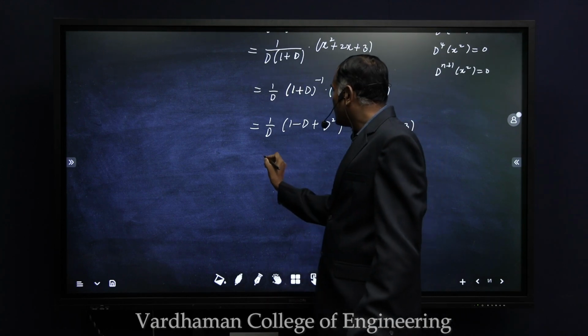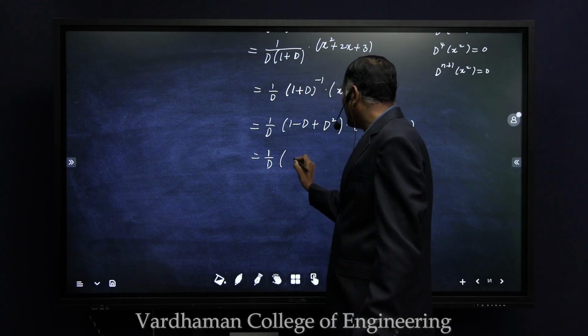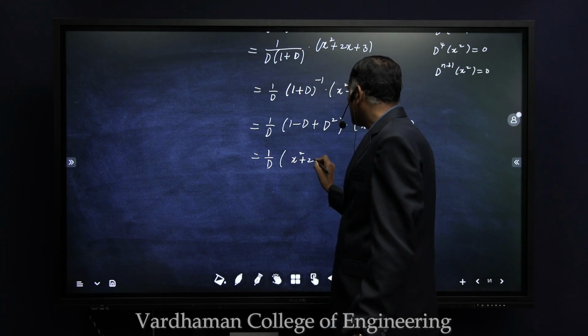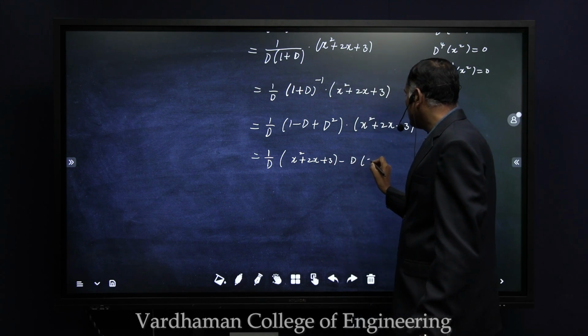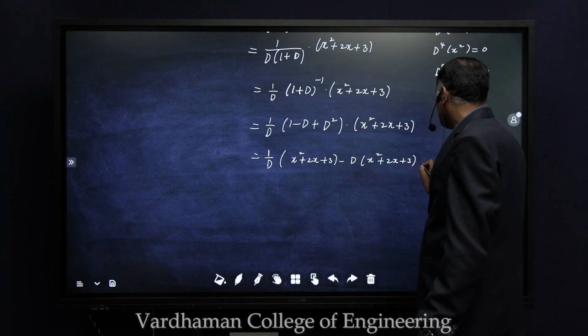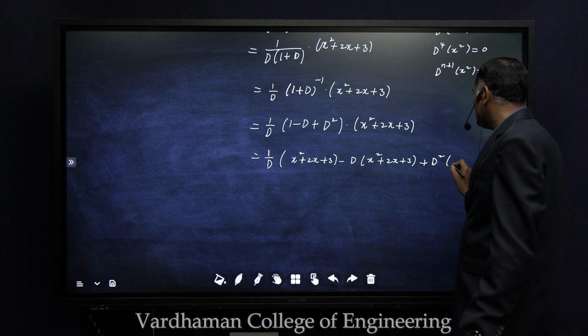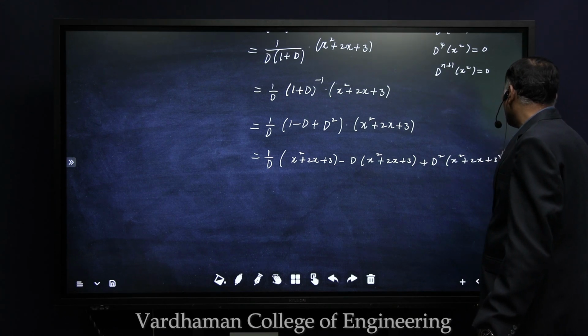This is 1 by D times x square plus 2x plus 3 minus D times x square plus 2x plus 3 plus D square times x square plus 2x plus 3.